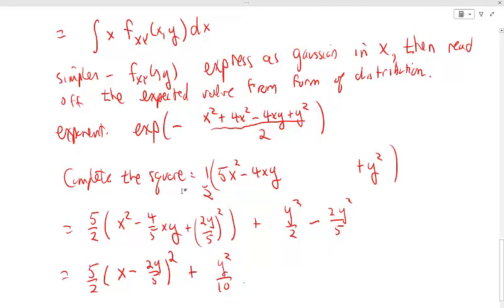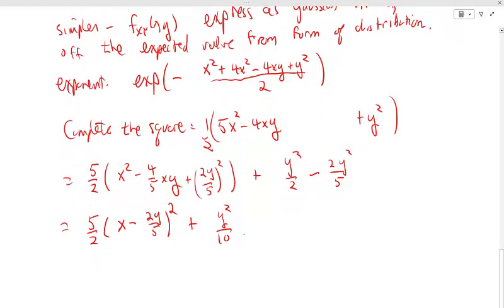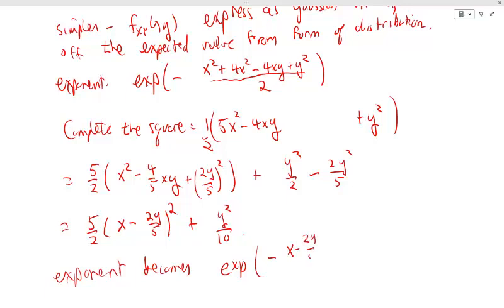Now, let's plug this back into our exponent. Remember, we only took the positive part when we completed the square. So our exponent becomes exp to the minus, and then we have 5. I'm going to write this a different way. I'm going to write it as x minus 2y over 5 squared, and then I'm going to divide by 2 times 1/5. And then this is going to be minus y squared over 2.